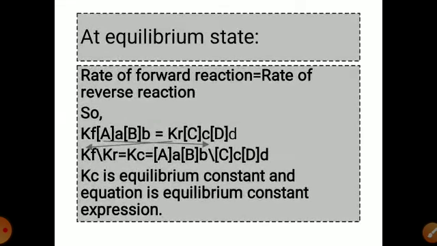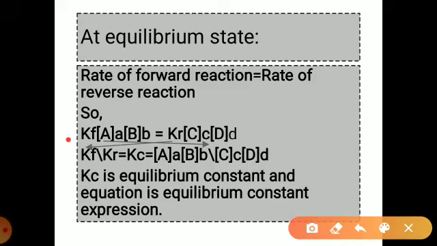Now at the equilibrium state. Equilibrium means rate of forward reaction is equal to rate of reverse reaction. So we are putting the values: the rate of forward reaction, equation number 1, will become equal to the rate of reverse reaction, equation number 2. Look here. Kf times the reactants is equal to Kr times the products, and by cross multiplying, Kr is multiplying here, and when we move it over, it will be divided.